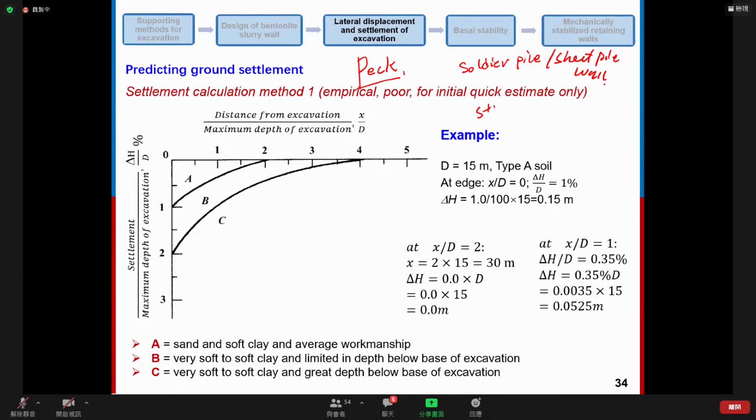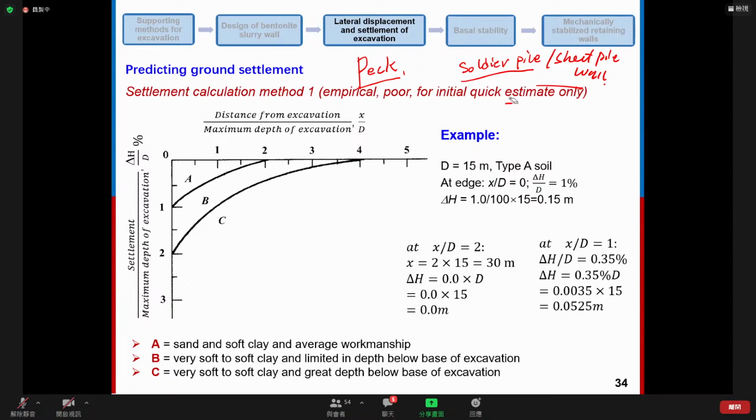with struts in similar soil conditions, which means this method is actually suitable for excavations supported by soldier piles and sheet pile walls with struts. For other types of excavation, for example, bored pile or diaphragm wall, this method may not be suitable.